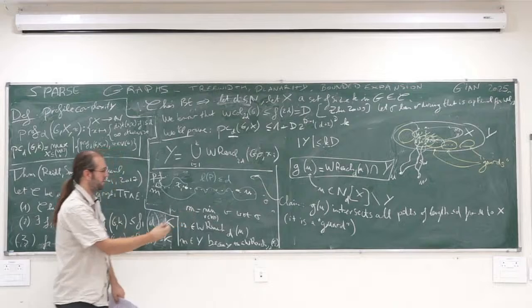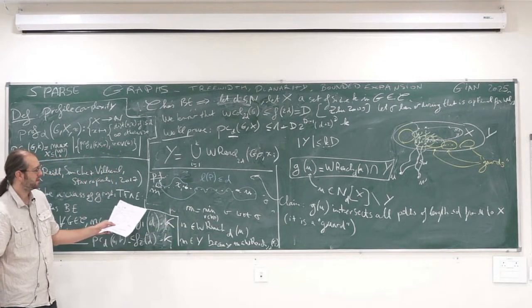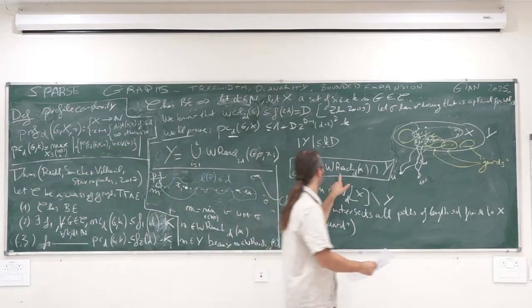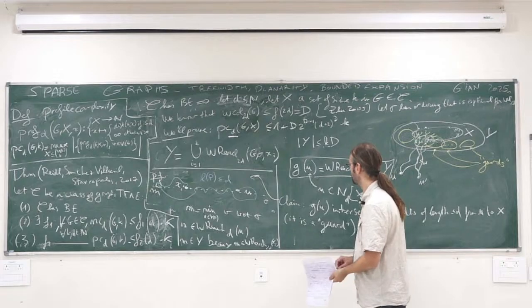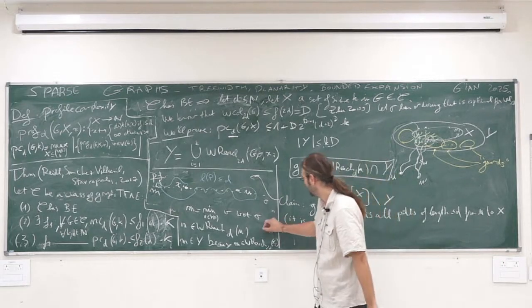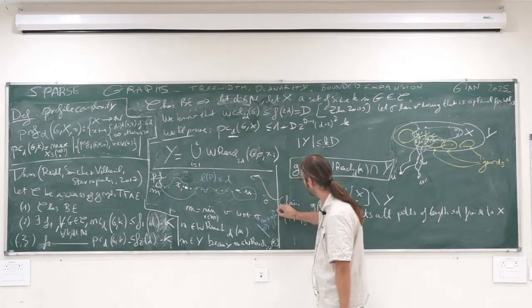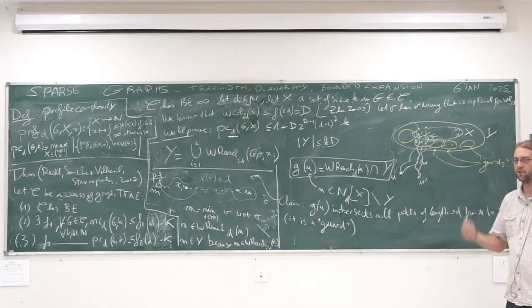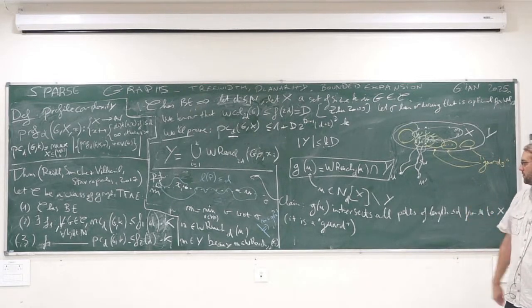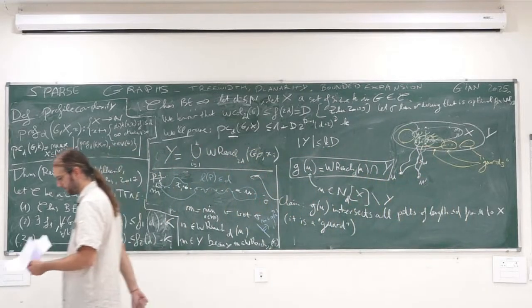So that's exactly what I want. Since M is in both Y and in this set, it's in my guarding set. This implies that M belongs to G of U, and it's in the intersection. So the intersection is hit by G of U. Okay?